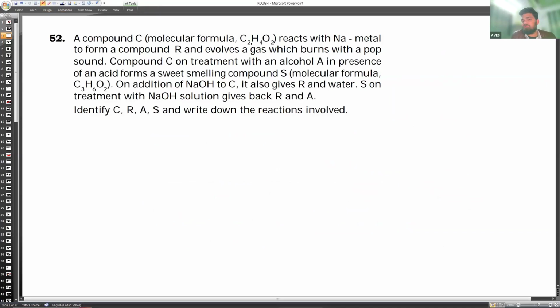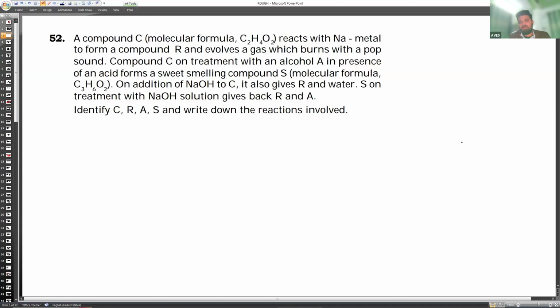Here it is C2H4O2. It can be a carboxylic acid as well as an ester. Okay, but for forming an ester, at least we need 3 carbons. No, 2 carbons is also possible. Like we have HCOOCH3. This is an ester.